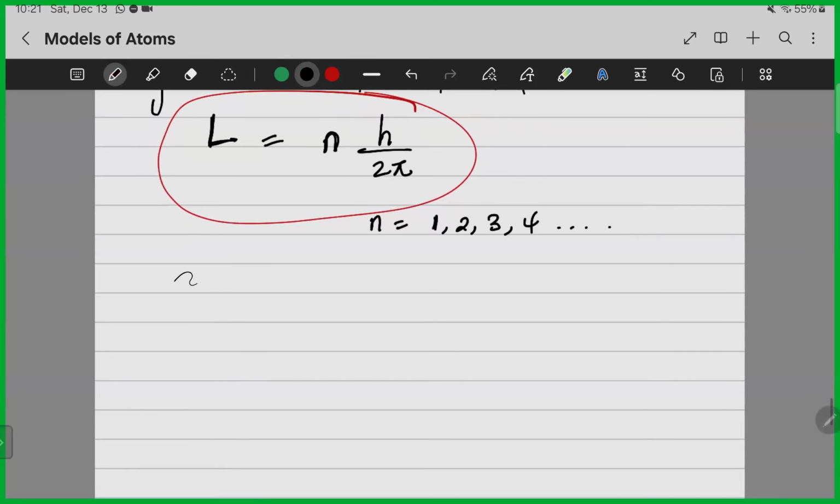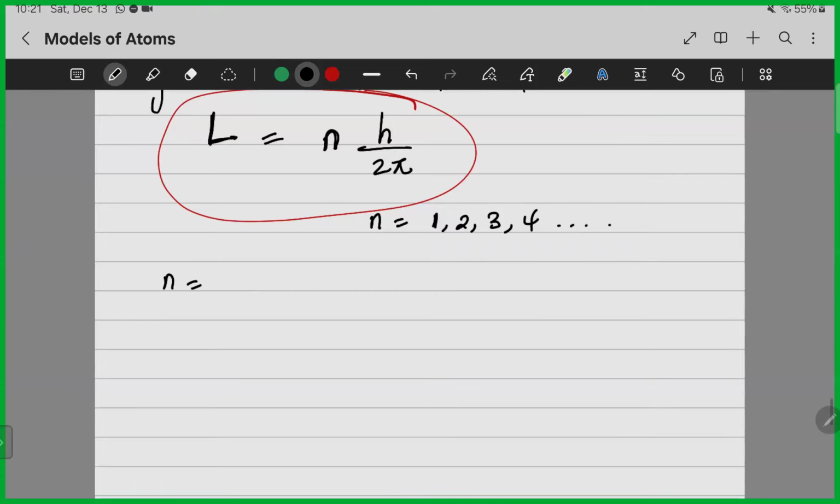So all the n's we've been talking about all this while, in this case of angular momentum, the n is called the quantum number. So please take note of that.